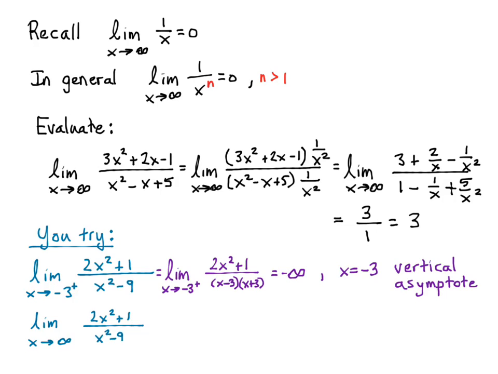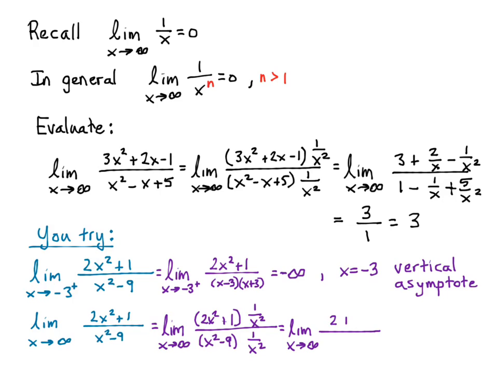Okay, so then the second one, when we go to infinity, we're going to have infinity over infinity. So let's see what happens here if we use the technique that I was just talking about, where we multiply both the numerator and the denominator by 1 over x squared.